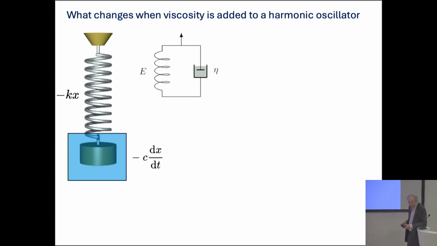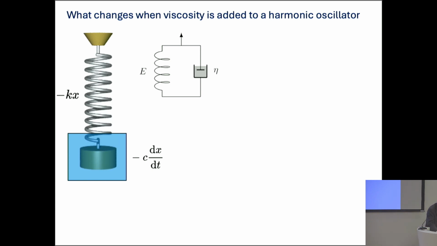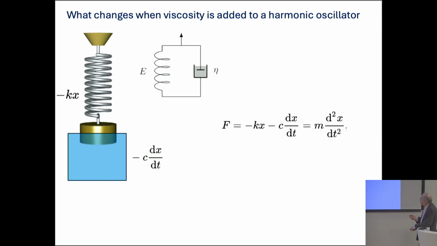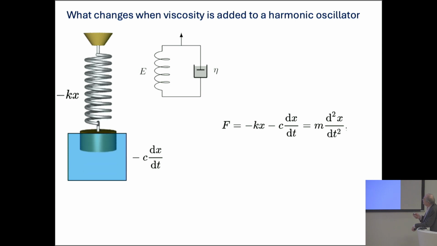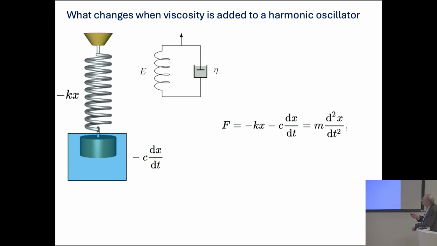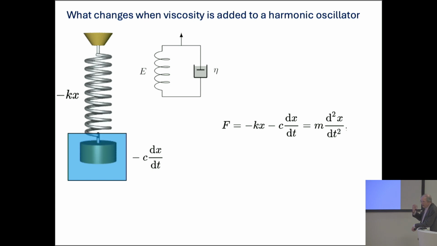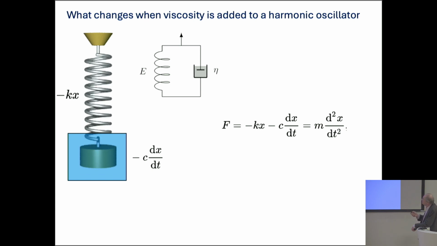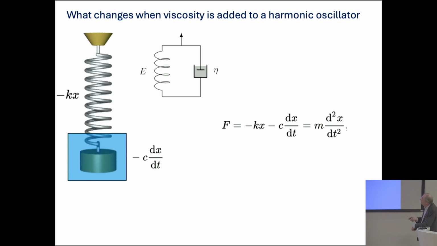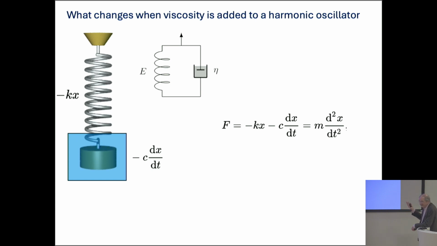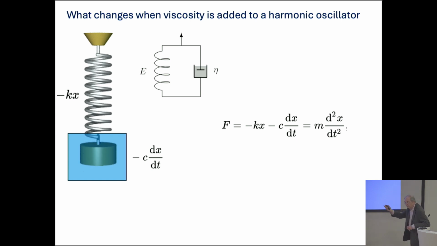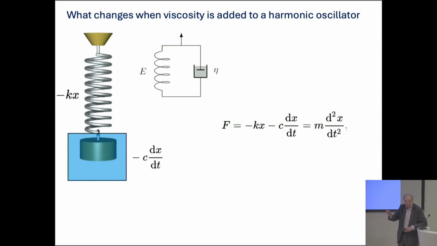If you write a force balance for this, you have a slightly more complicated equation. The force is again mass times acceleration, resisted by the spring constant times the distance it moves. But now there's a new dissipation term, whose importance depends on dx dt, the velocity with which the object moves.